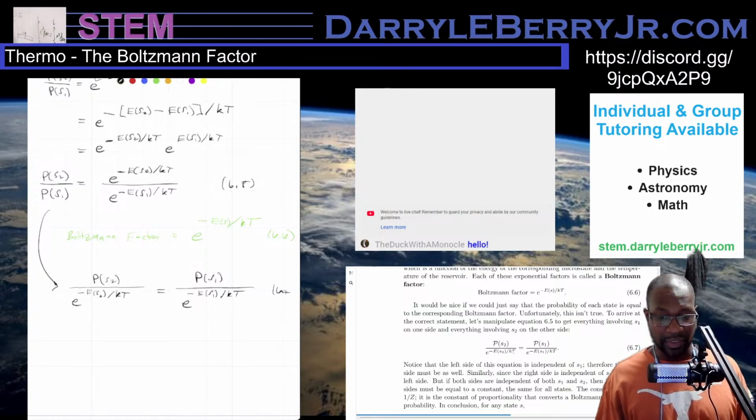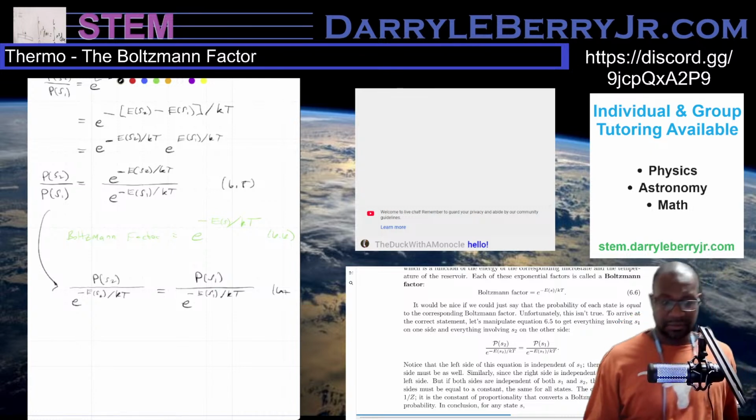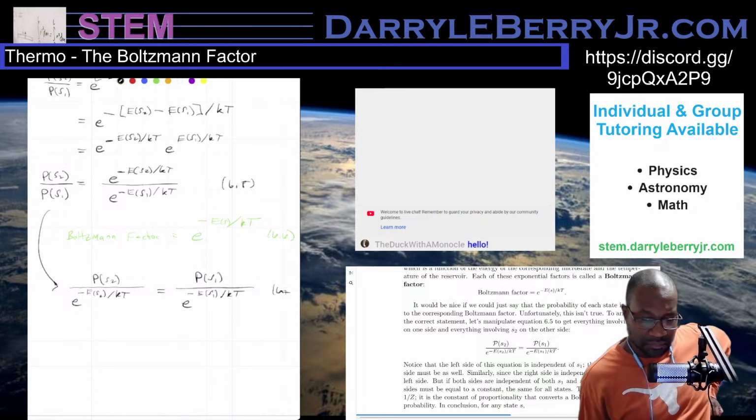Notice that the left side of the equation is independent of S1. Therefore, the right side must be as well. Similarly, since the right side is independent of S2, so is the left side.